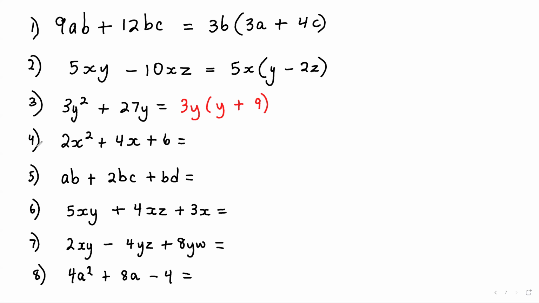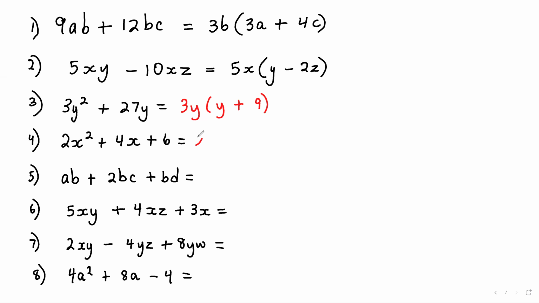Now, in number 4, you have 2x squared, 4x, and 6. As you can see, all of them do not have x, so x will not be part of the common factor. However, 2, 4, and 6 all have the common factor 2.